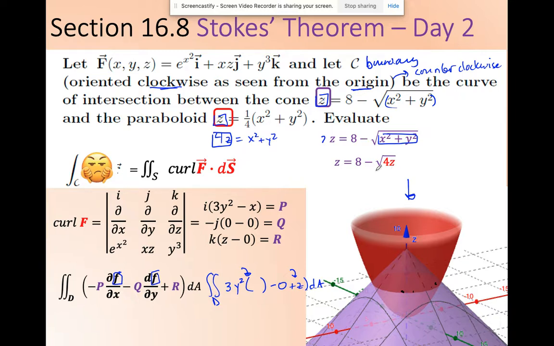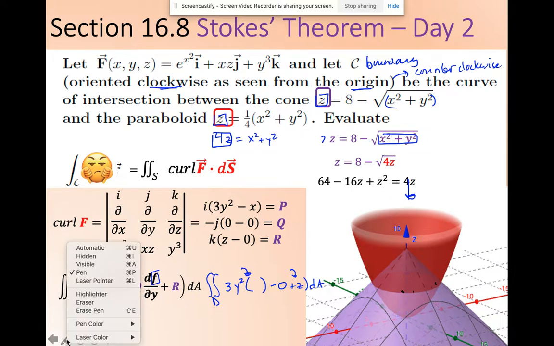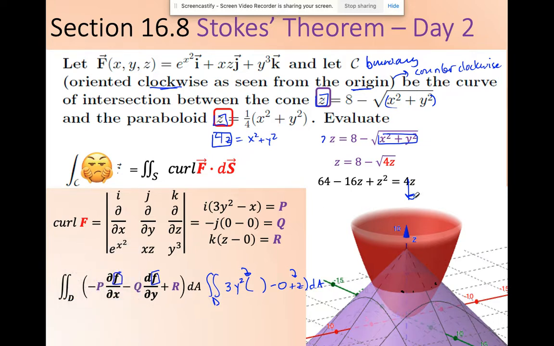Then I isolated the radical, right? So I did z minus 8 is equal to negative square root of 4z, and then squared both sides. Then I did algebra, and I pulled that 4z over and factored.